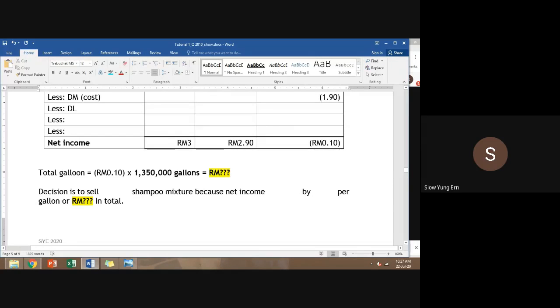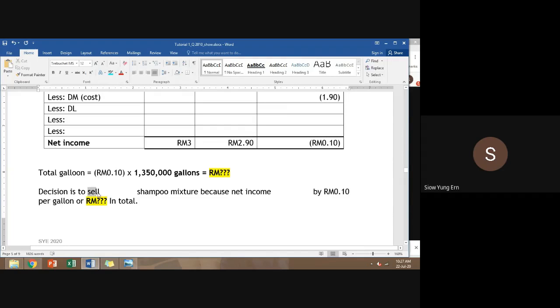Okay, decision is to sell because net income is negative, right? So net income decreases by 10 cents. Okay, you can put in 10 cents here per gallon, or you can put in the total amount also can.